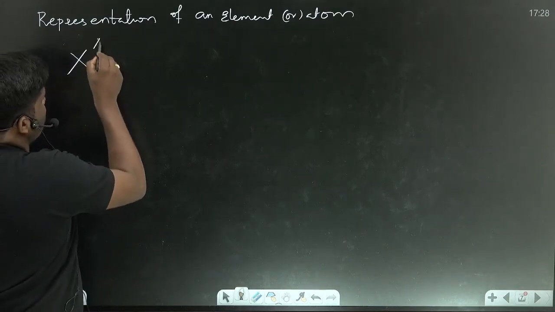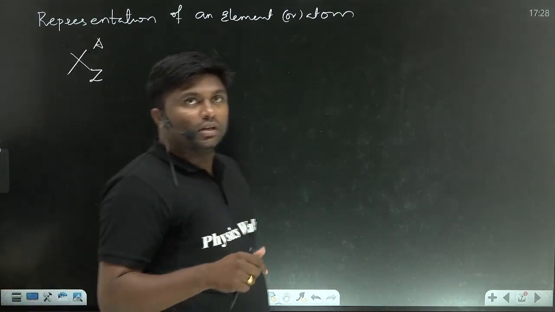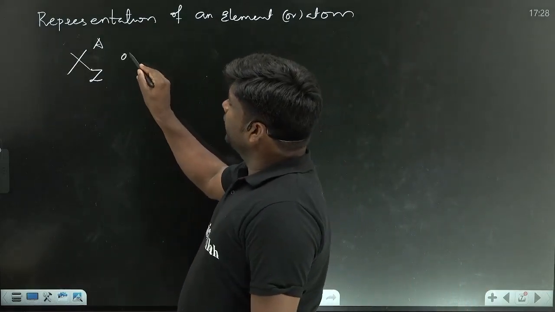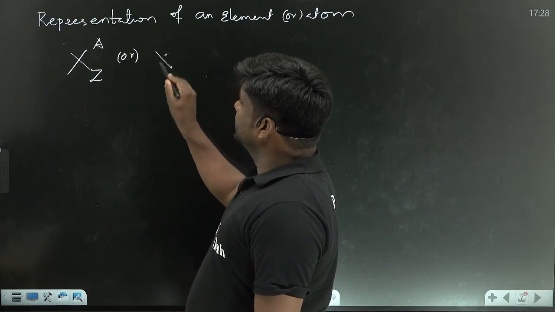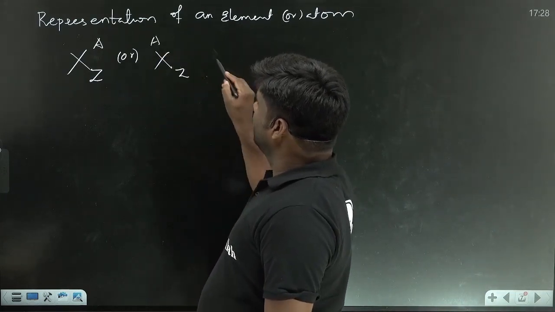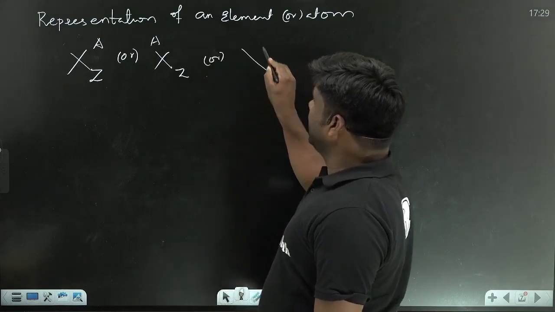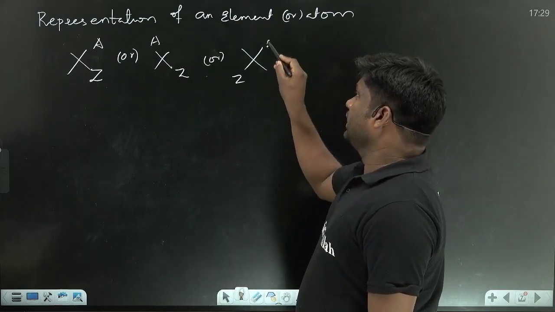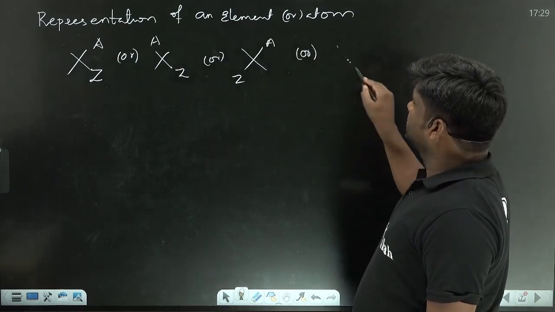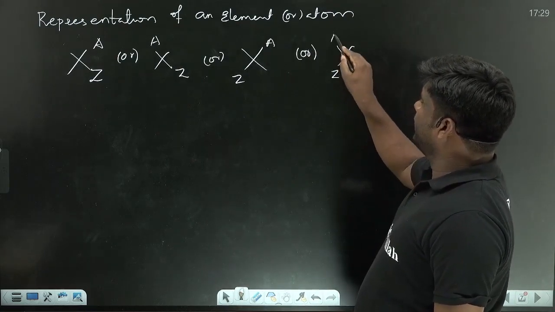And mass number as a superscript. Atomic number as subscript and mass number as superscript. And you can write the same thing like this. X, Z, A. Otherwise you can write X, Z this side, A this side. Otherwise you can write X, Z and A.